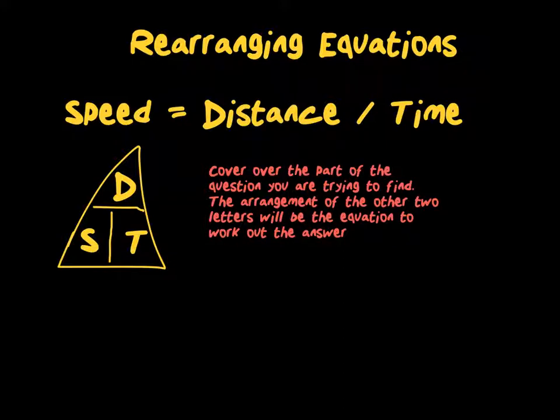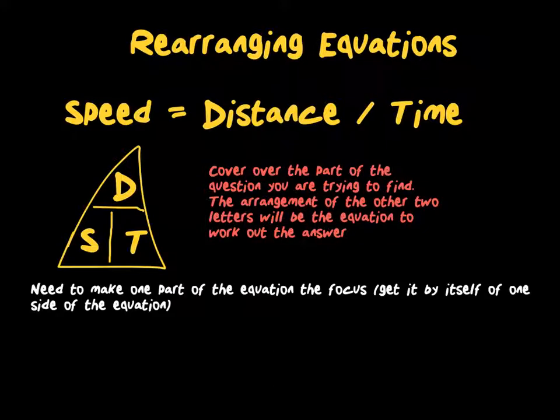So, if you're using the triangle method, you simply cover up the part of the equation that you are trying to find. However, we can also rearrange this without using a triangle. This time, if we wanted to make distance the focus of the equation, then we need to get it by itself on one side. The easiest way to do this will be to move time to the left-hand side.